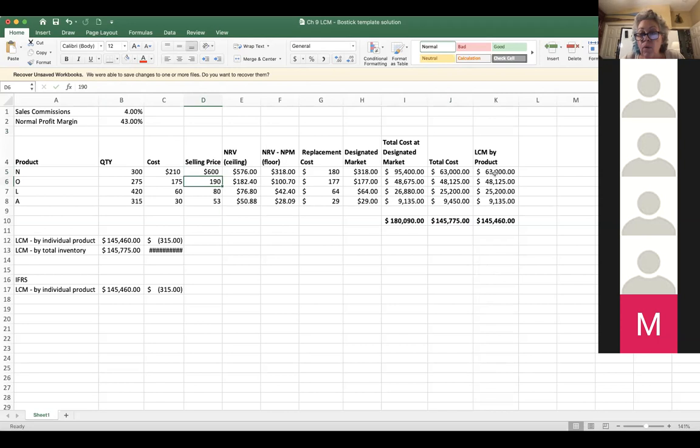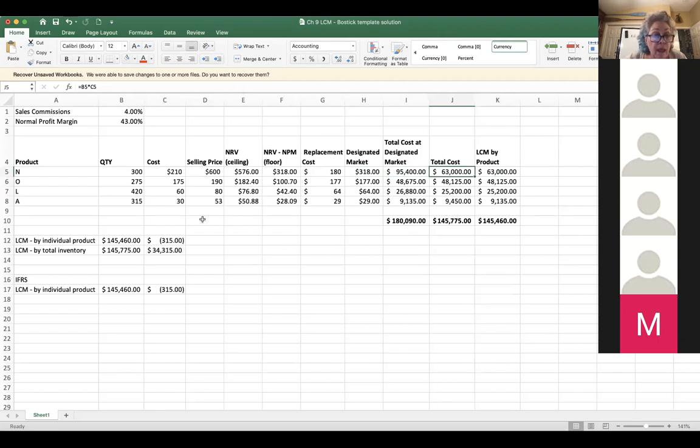Then you see how my market is higher than my cost. I would have to write it down by individual product, but in total, because I only changed one selling price, I end up with a positive and wouldn't write it down, because my selling price is so much higher, meaning that the market is higher.